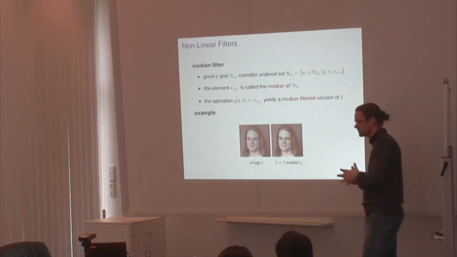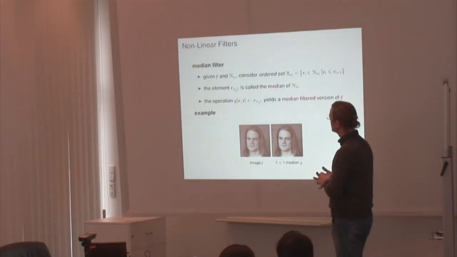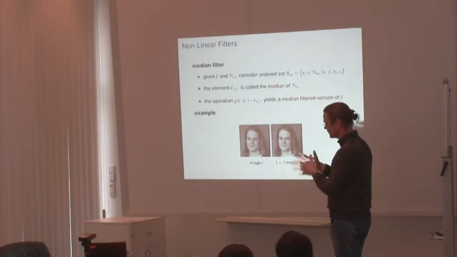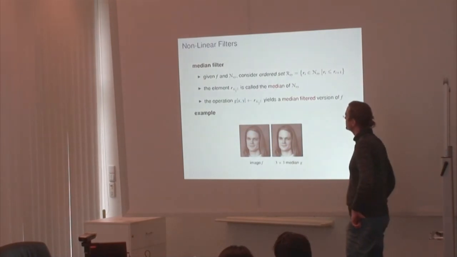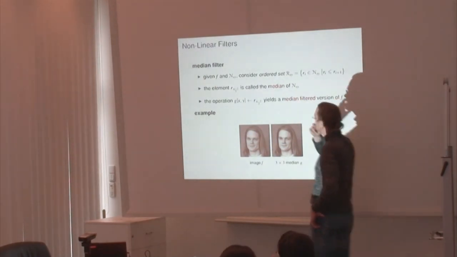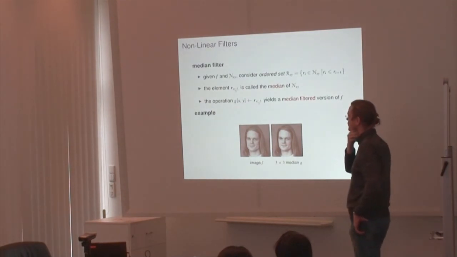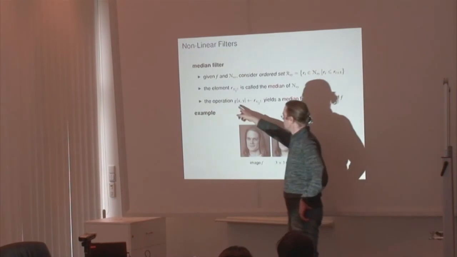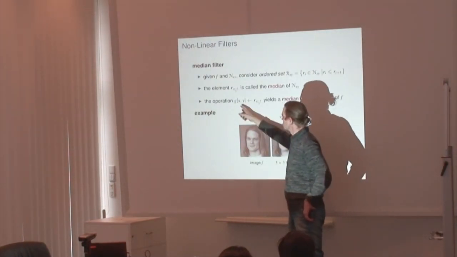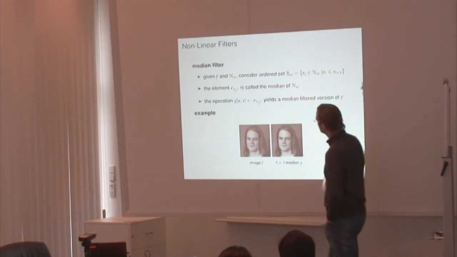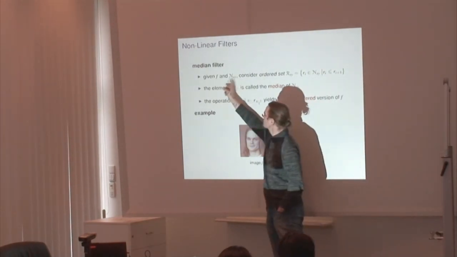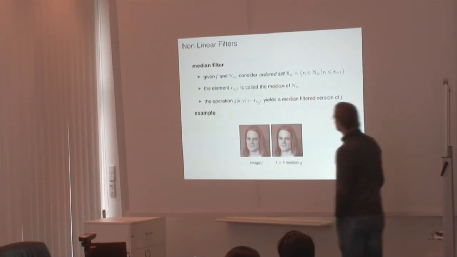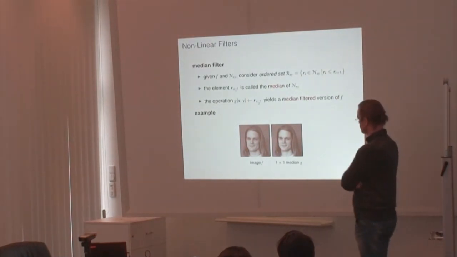This is a very venerable statistical technique, but the center element of such an ordered list is called the median of the values in this neighborhood nxy. And then if we are going to compute a new image, g, where at every pixel xy, we simply set the median of the pixels in the nxy neighborhood in f, we obtain a median filtered version of f.